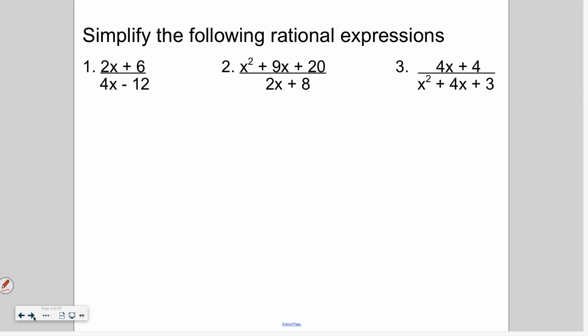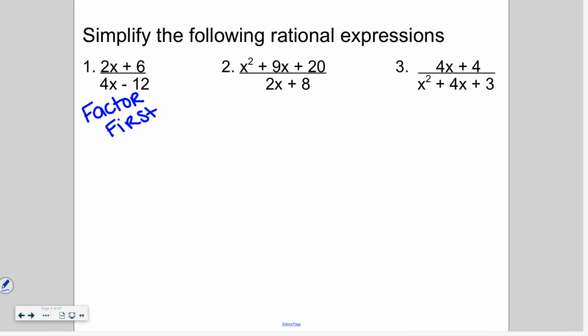Now, if we continue on, we're still going to simplify these fractional expressions, but you have to factor. So the first thing that you're going to do for each of these is factor first.